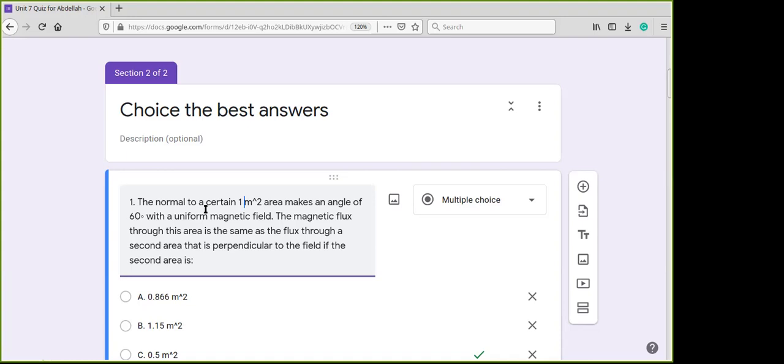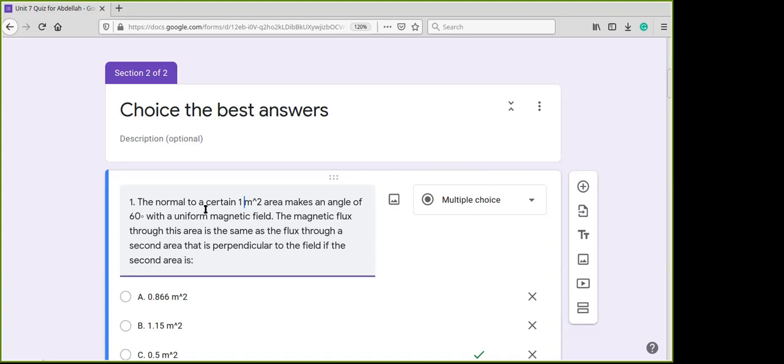For the second area, the angle between the normal line to the area and the field is 0 degrees, yes? Because the area is perpendicular to the field.